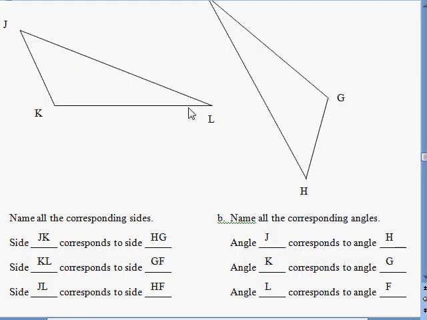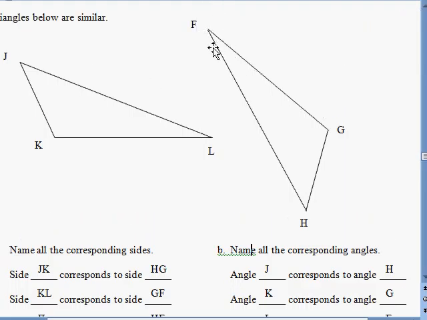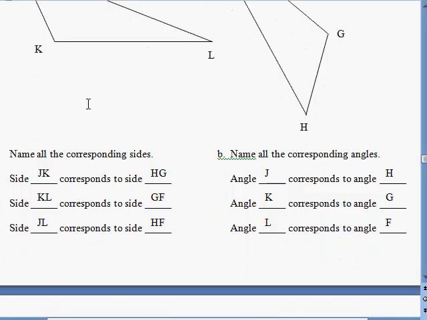Angle L, which appears to be the smallest angle, corresponds to angle F, which appears to be the smallest angle in this triangle. That's it for question number 8.